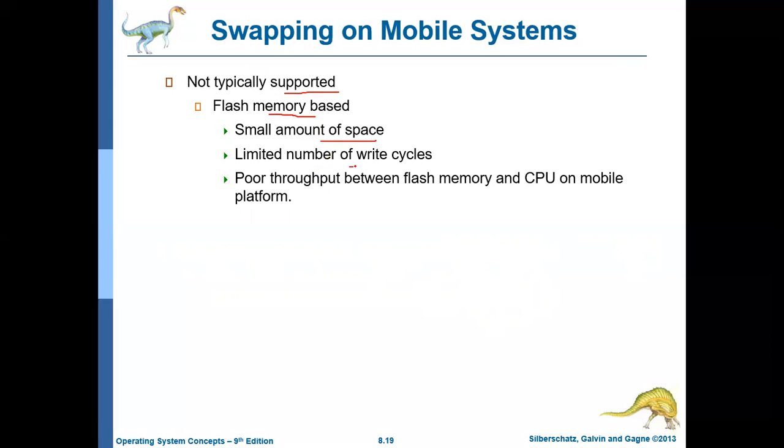You cannot perform many write operations on this flash memory. There is a limit on the number of write operations that can be done. After that, it will become unusable. Okay, and also there is poor throughput between the flash memory and the processors used in the mobile platform. Because of this reason, generally mobile phones don't support swapping.